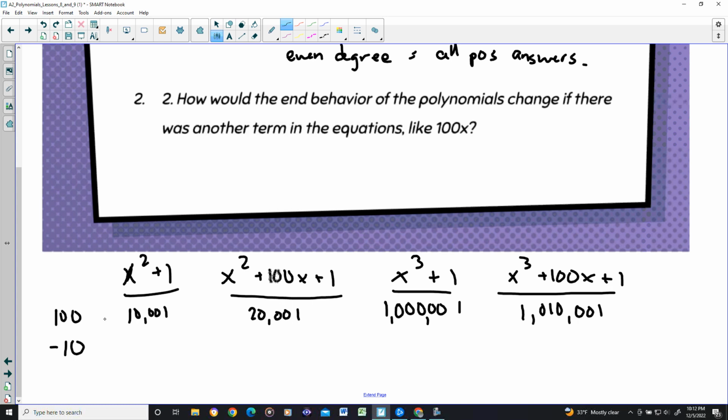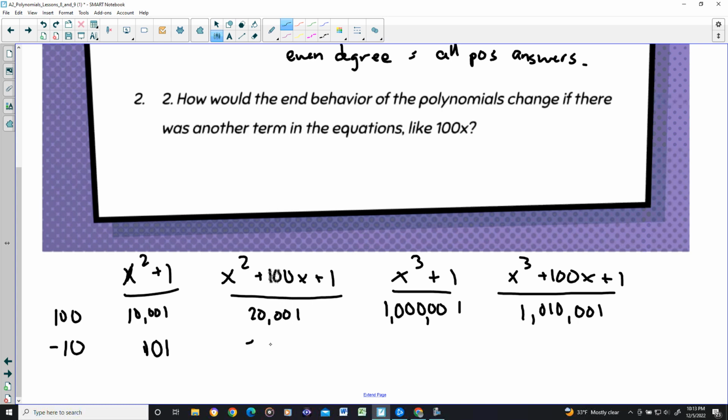But what about negative 10? Let's try that. This is going to be negative 10 squared, so that's 100, and 100 plus 1 is 101. Now in this case, 100x is going to be negative, because now you have negative.